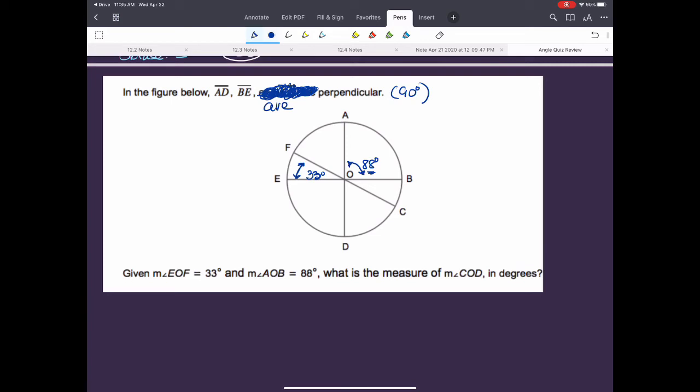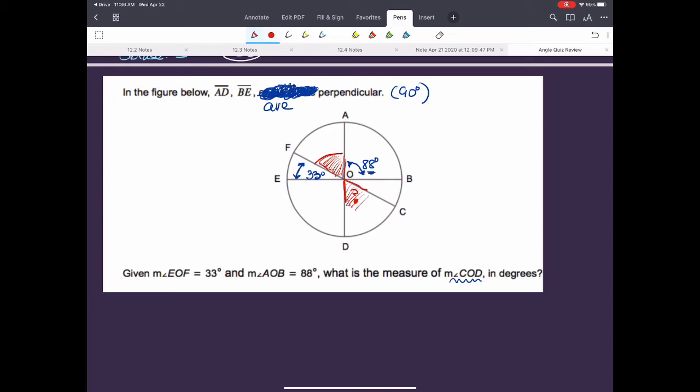So that's 88. Now this question is asking, what is the measure of angle COD? COD is this angle right here, so we're looking for that one. The thing you might want to recognize is that it is directly opposite this angle right here.